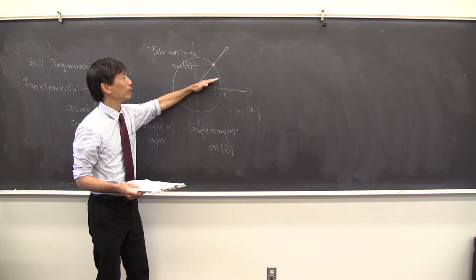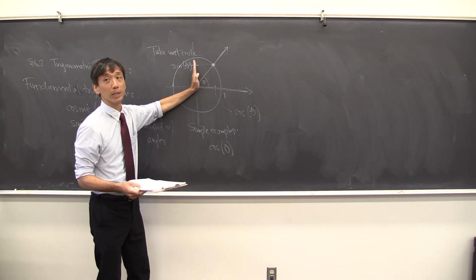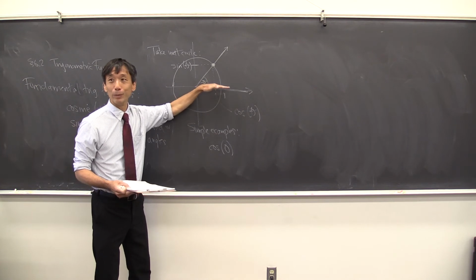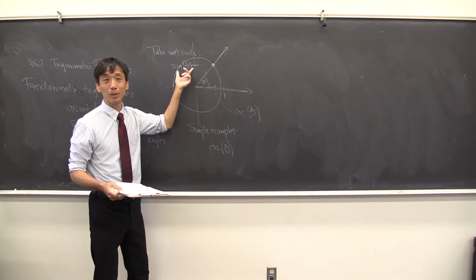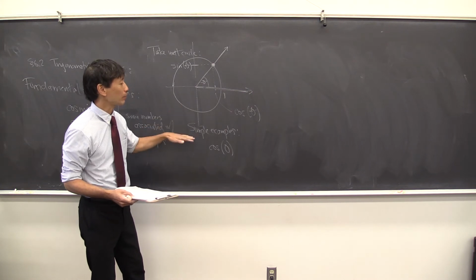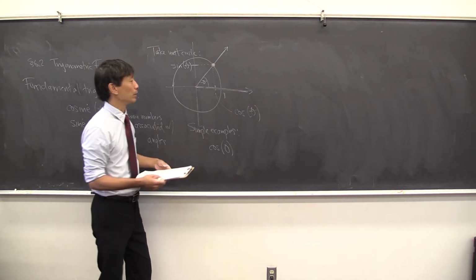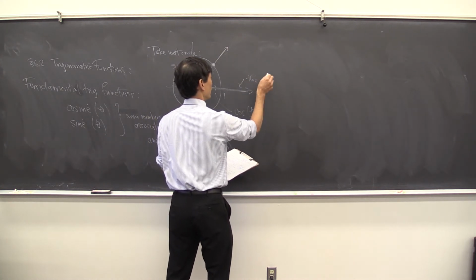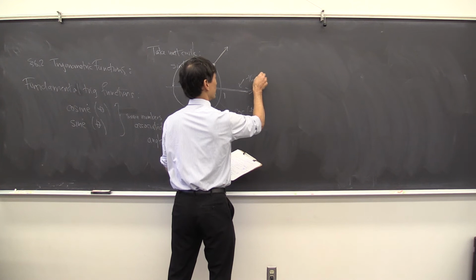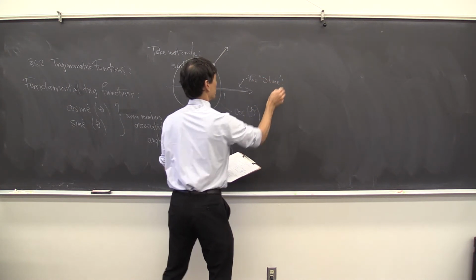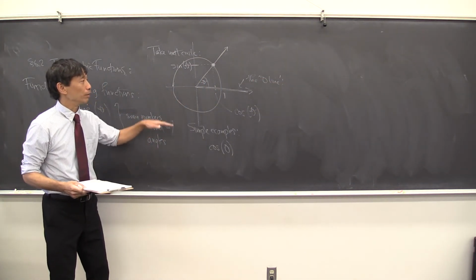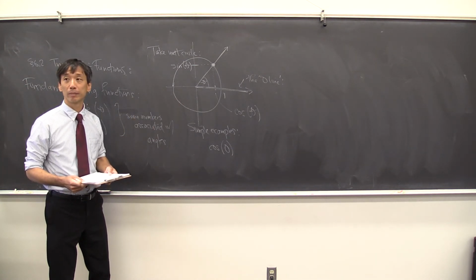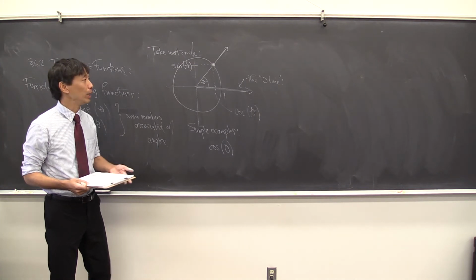So 45 degrees would be like this, 90 degrees would be like this, 180. That's really important. I have to tell you where 0 is, because otherwise, what does it mean to talk about sine theta? So this is the 0 line. What would cosine of 0 be then? It'd be 1.